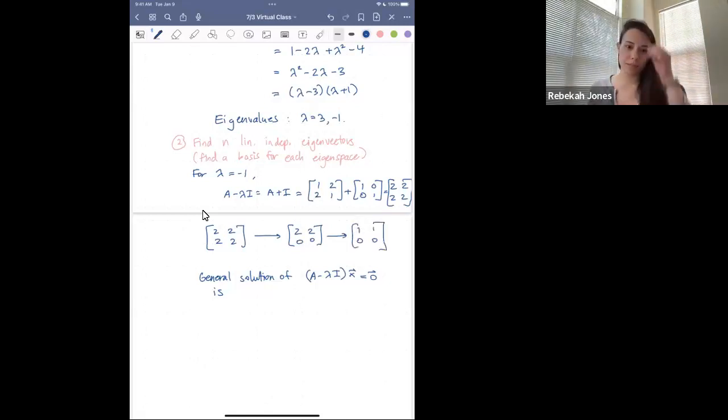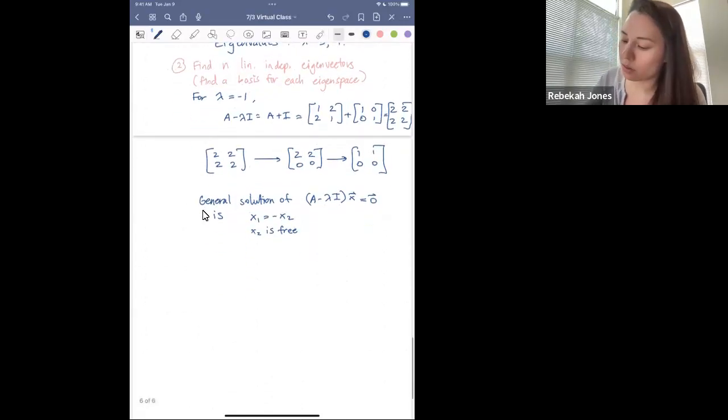What we get out of this is that x1 equals minus x2, and x2 is a free variable. So we can write down the parametric vector form, which is this guy here, and we can pull out x2, so we get -1, 1.